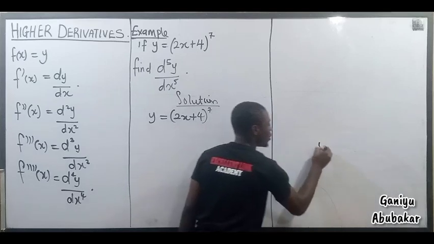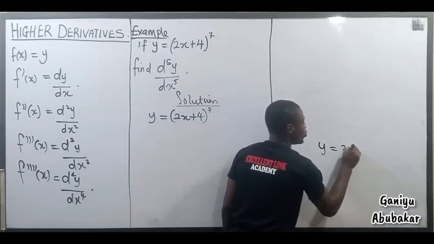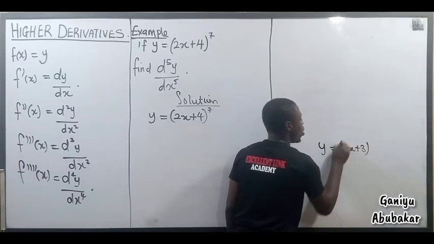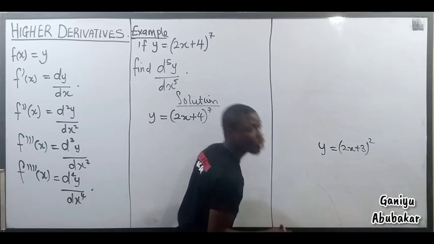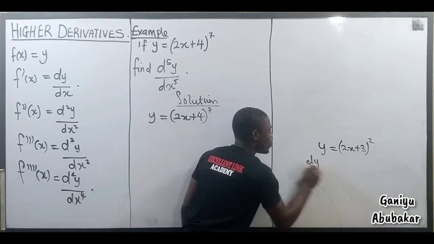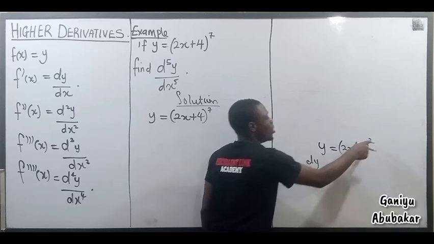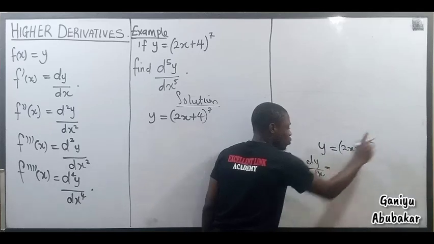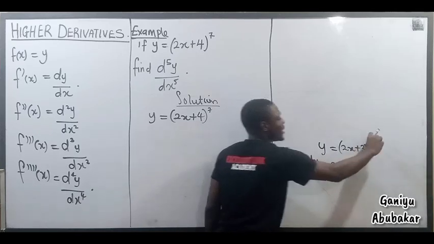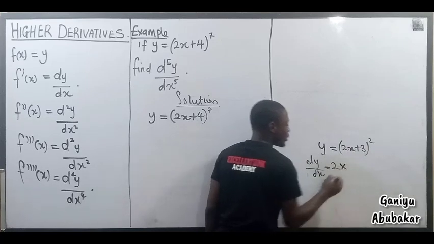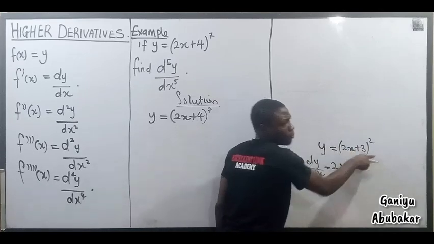Let's say I have y is equal to (2x + 3) all to the power 2. The shortcut is that dy/dx is equal to: put the power down, write out the part, next up, times, differentiate the term in brackets.